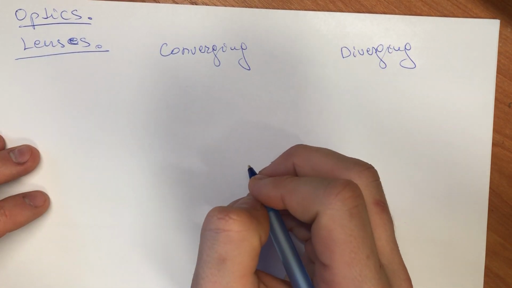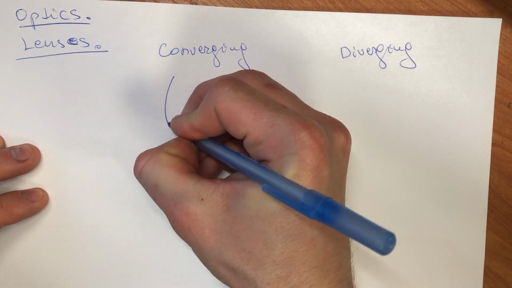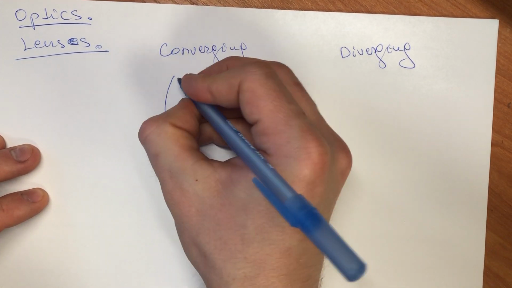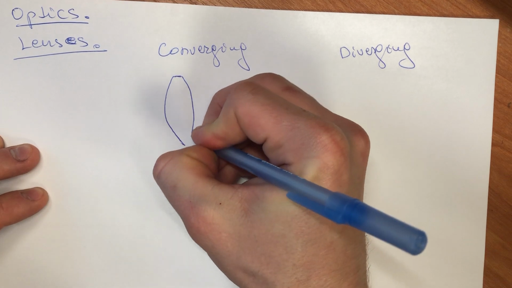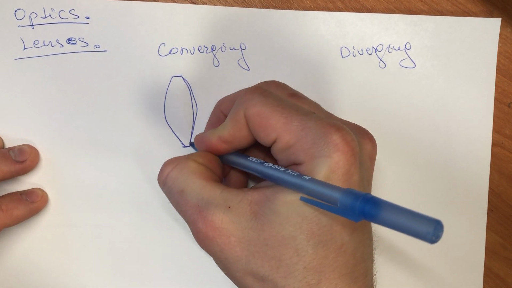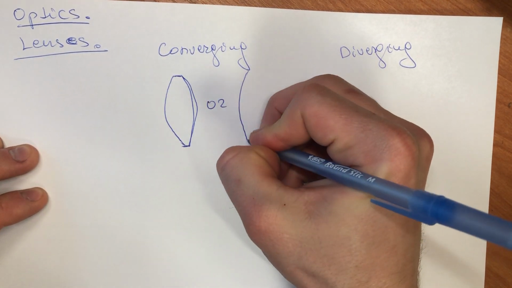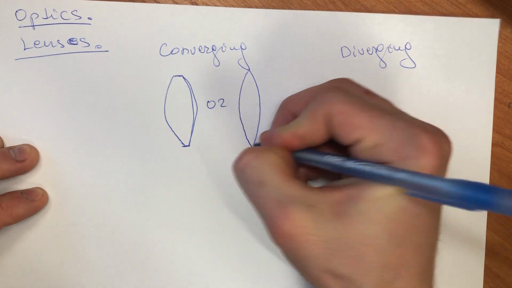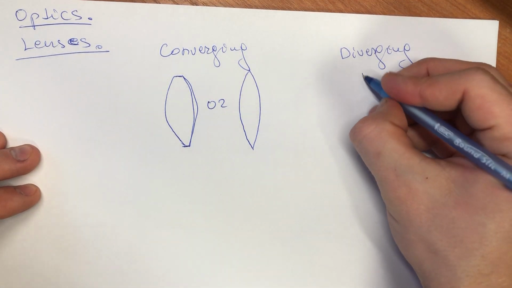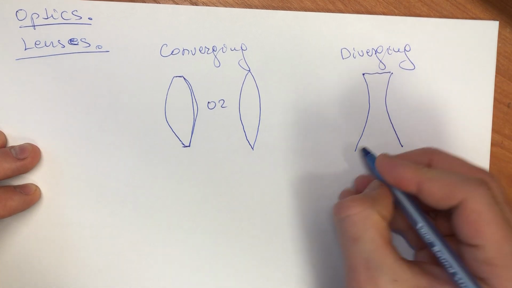So converging lens is usually visualized like this, or simply like this. Diverging lens is visualized like this.